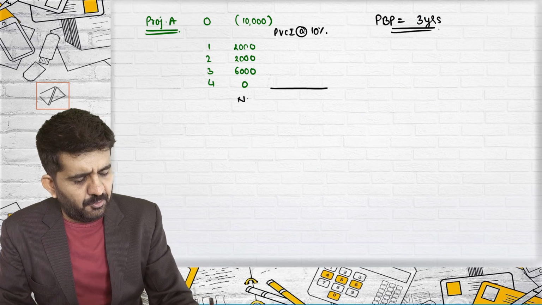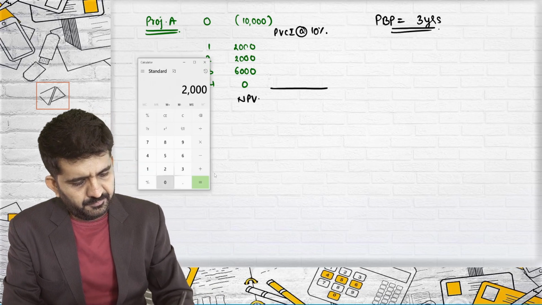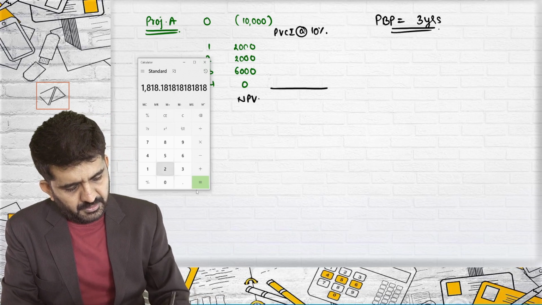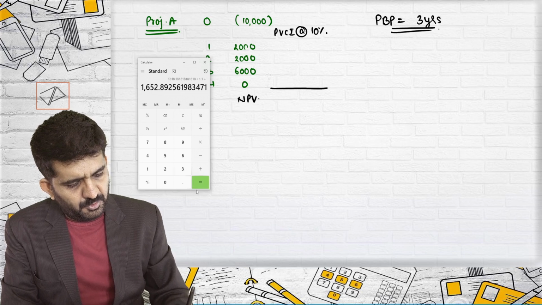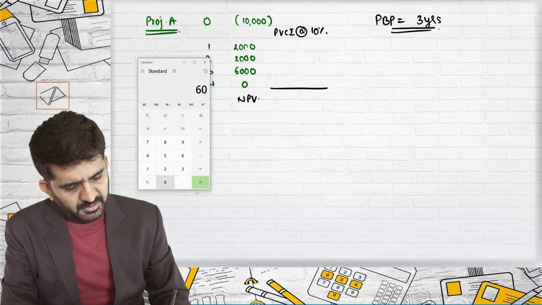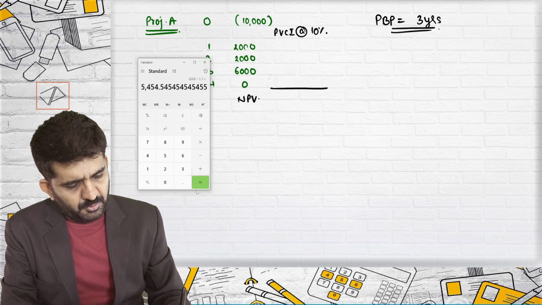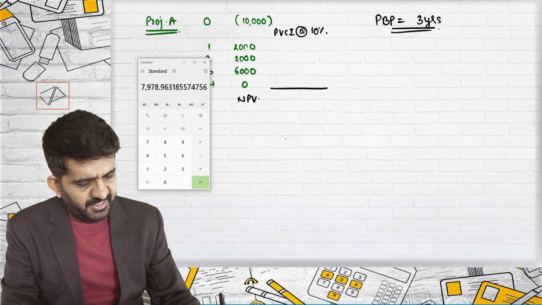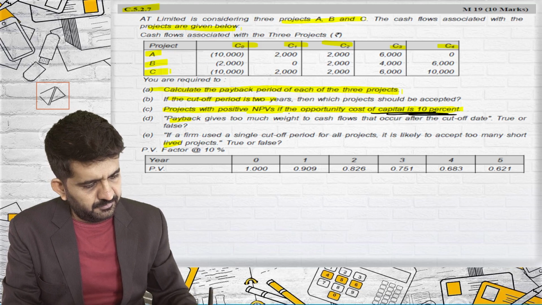I can directly find out in my M plus, right? 2000 divided by 1.1 is equal to M plus. 2000 divided by 1.1 is equal to M plus. 6000 divided by 1.1 is equal to M plus. MRC is 7978.